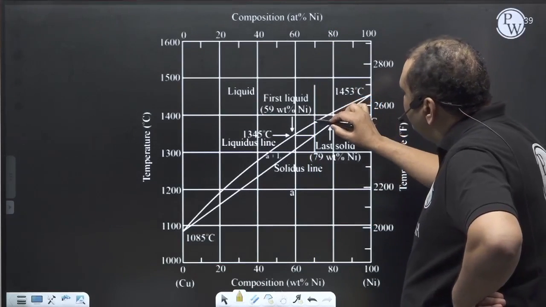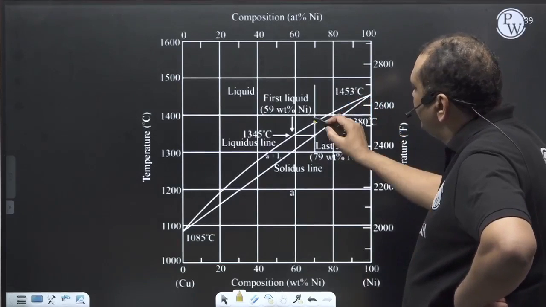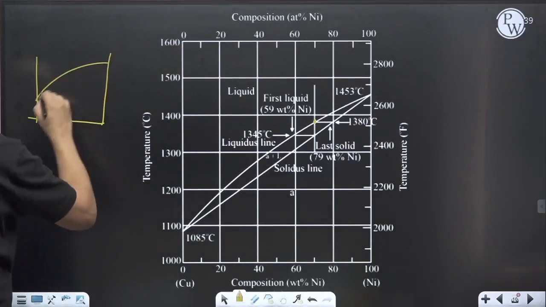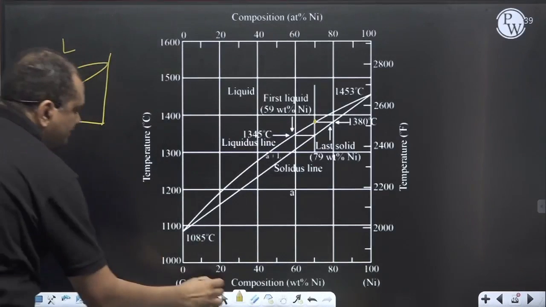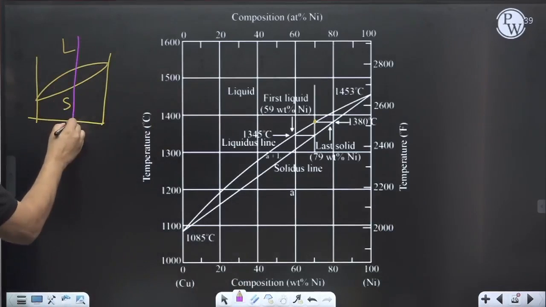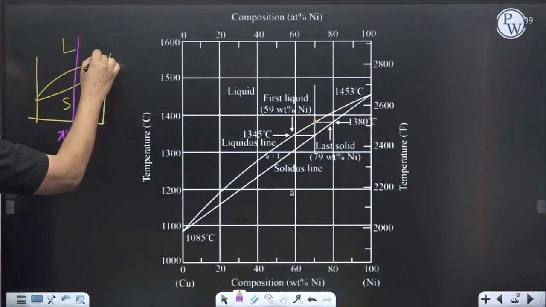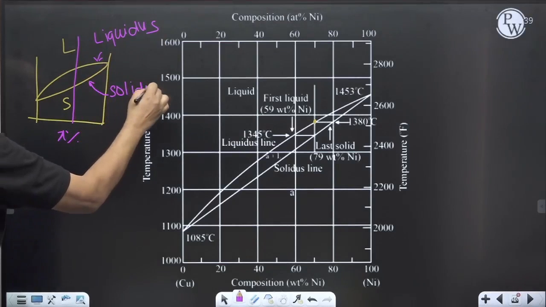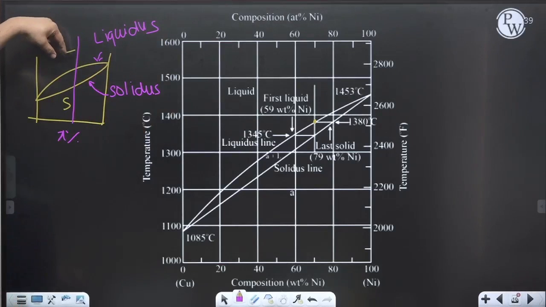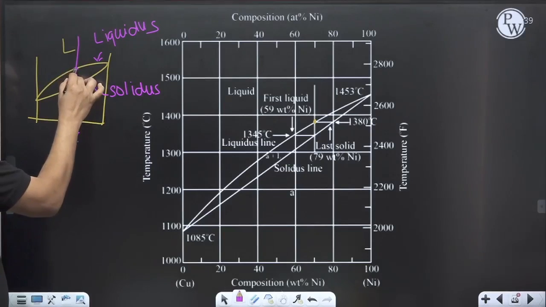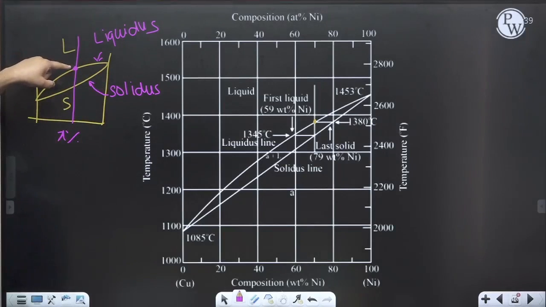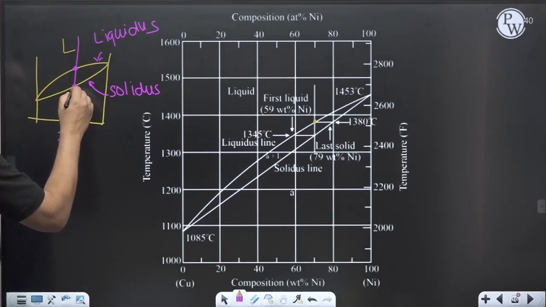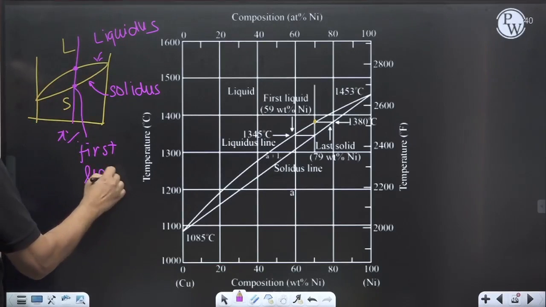This is the temperature. If I magnify a little bit, solid, liquid, and suppose there is any X%, this is the liquidus and this is the solidus. When the sample is cooled slowly, the first solid appears at this point, and when you are heating from the solid state, this is the point at which the first liquid will appear.